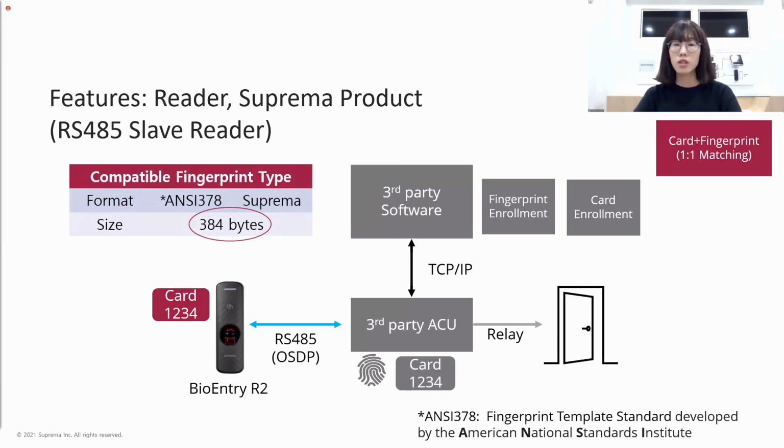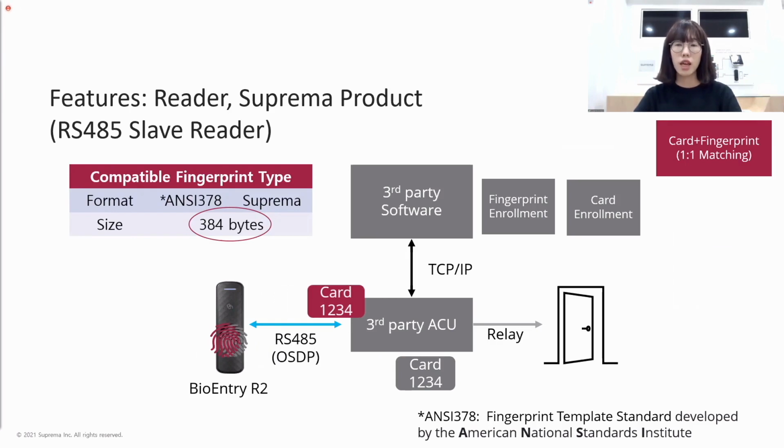A slave reader does not store user information, but fingerprint matching is performed in the reader in the following order. First, when a card is scanned into the reader, the access control panel passes the user's biometric information for the card to the reader.